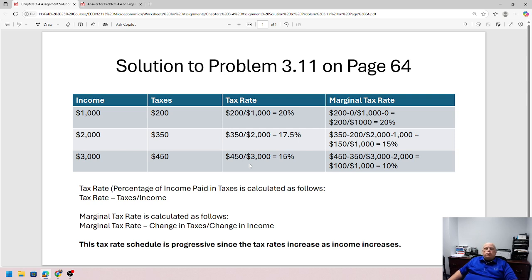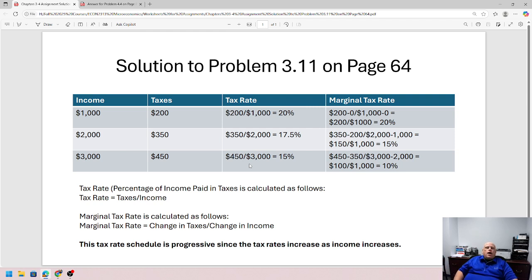Now, looking at this tax rate, as we move from $1,000 of income to $2,000 to $3,000, we can see that our tax rates are going down as our income increases, which means that it's a regressive tax. Okay, if the tax rates went up as we increased in income, that would be a progressive tax. If the tax rates were all the same, that would be proportional or a flat tax.